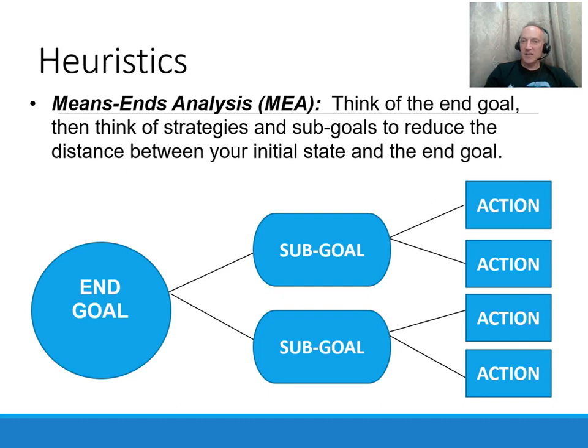And then what's the easiest way for me to get from where I am starting to what I need to accomplish? Well, the distance between your initial state and the actions you have to take to get there that you think of are not always necessarily the best thing.